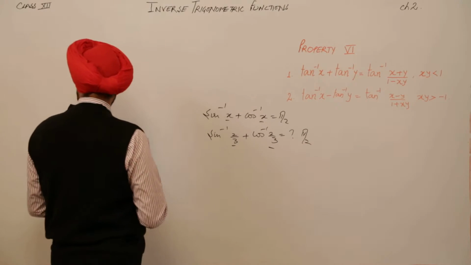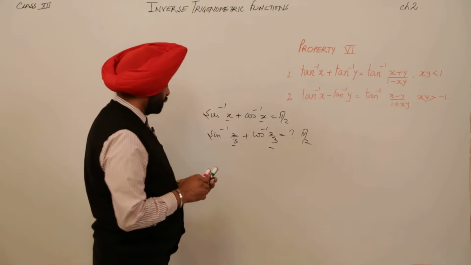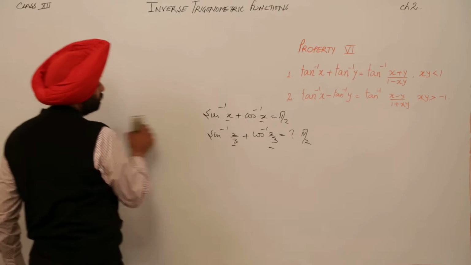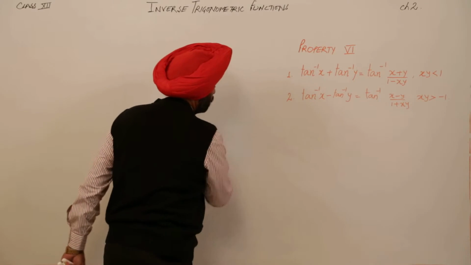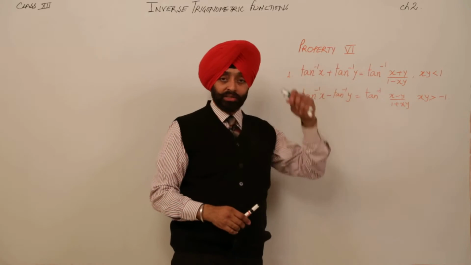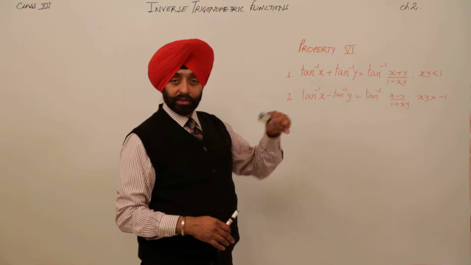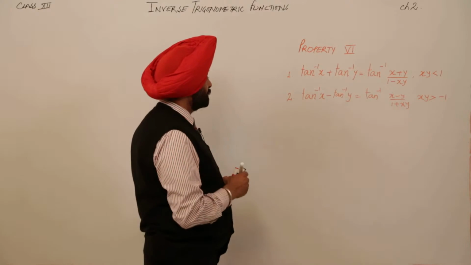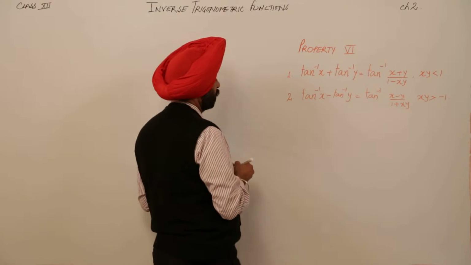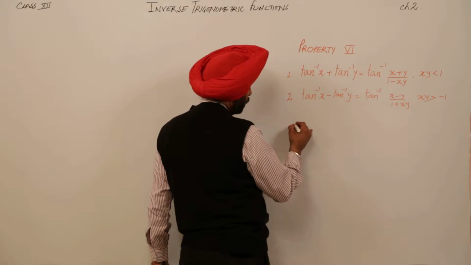So now there can be a question from your side. You can ask me, sir, what about the angles x and y? I mean to say, if suppose x is 2 by 3, is y also 2 by 3? Or is there a difference between x and y? That's the thing we are going to discuss right now. The conditions which arise for x and y, I am writing them.